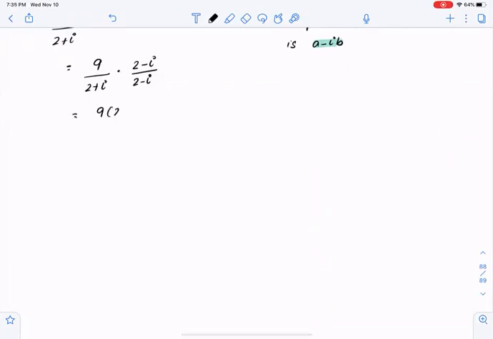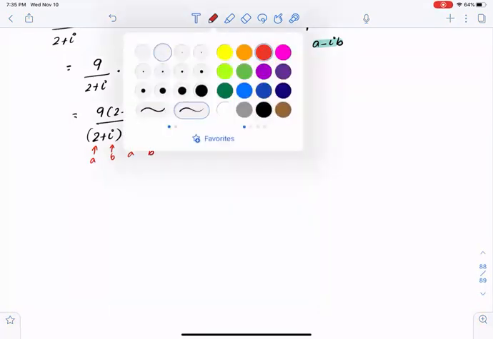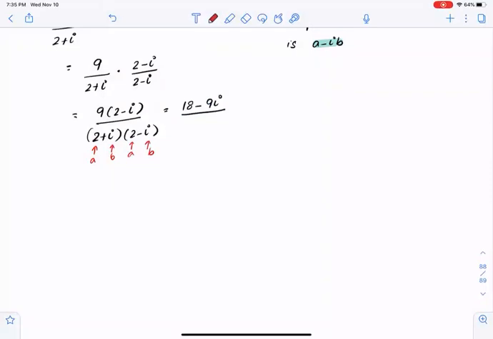So 9 times 2 minus i divided by 2 plus i times 2 minus i. Distribute the 9. 9 times 2, 18. 9 times i, minus 9i. Denominator, we have the form a plus b, a minus b, which simply is a squared minus b squared.